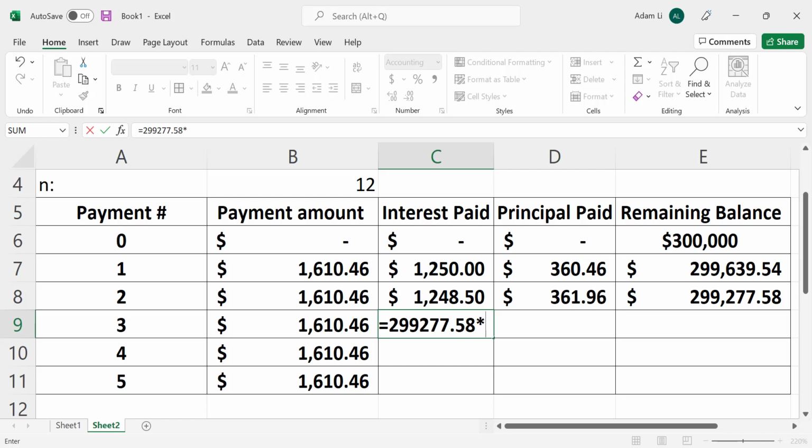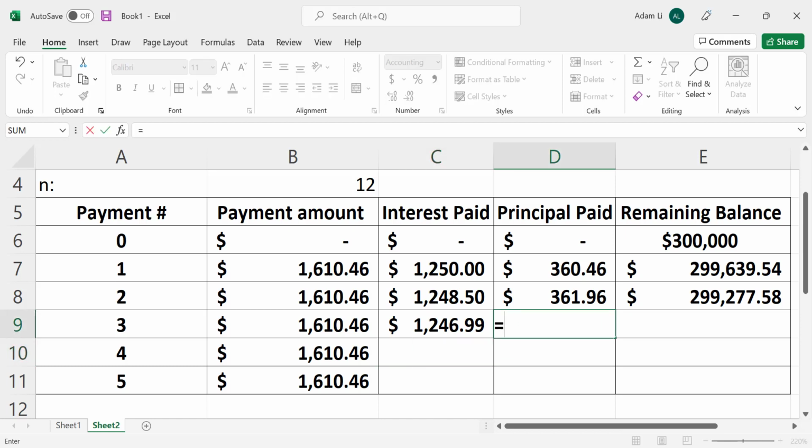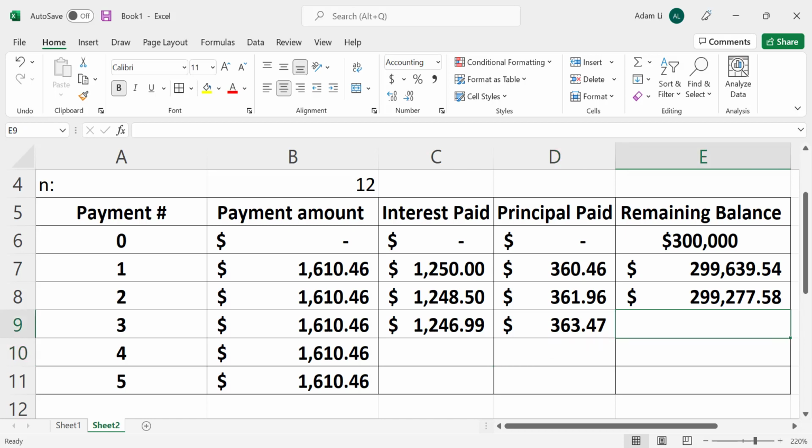So the monthly interest is based on remaining balance, 5% by 12. So now the interest paid is 1246.99. So that means we pay more towards the principal. So 1610.46 minus 1246.99. Yes, so you're paying $363.47 after the third payment.